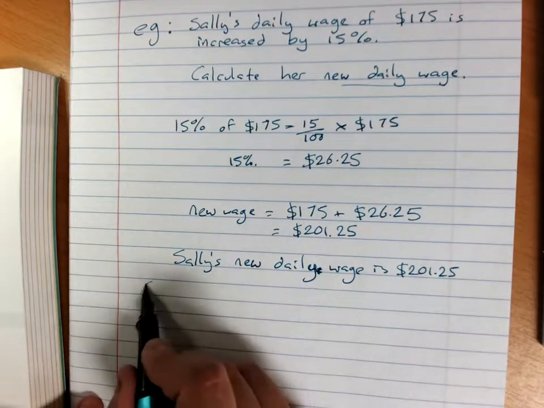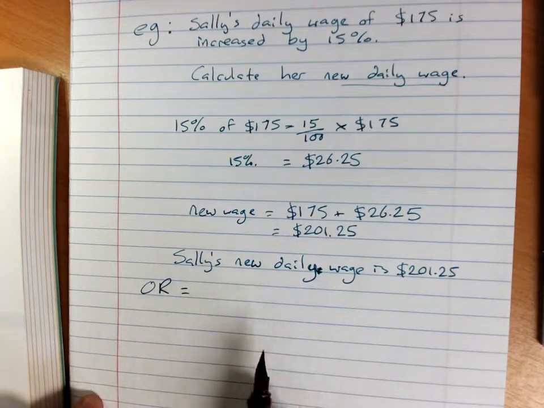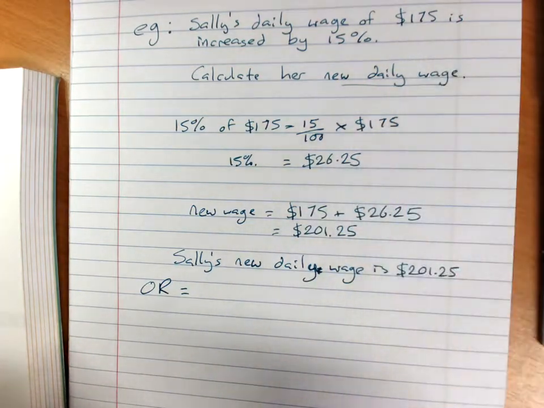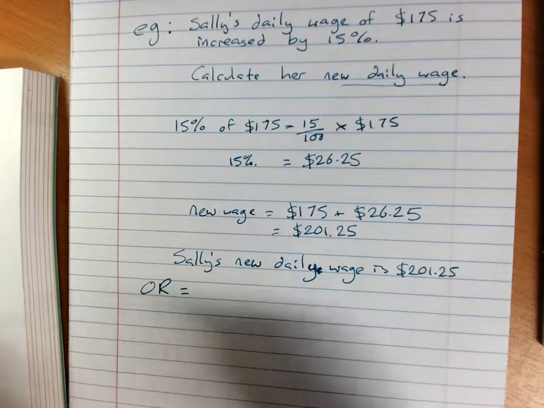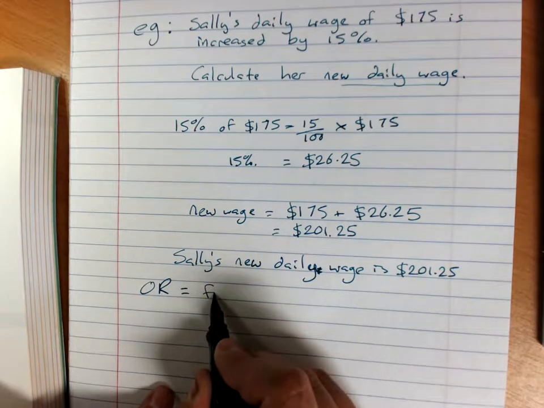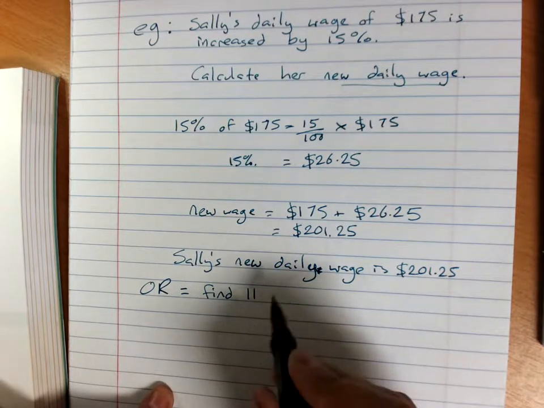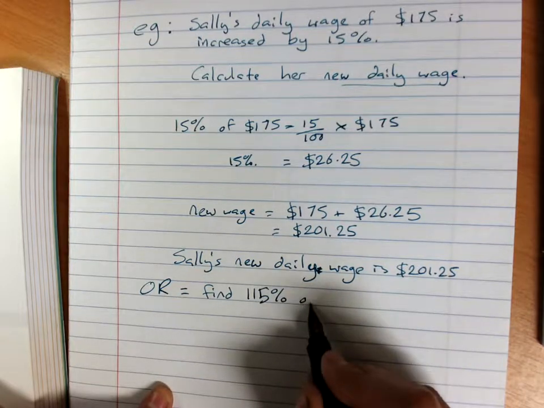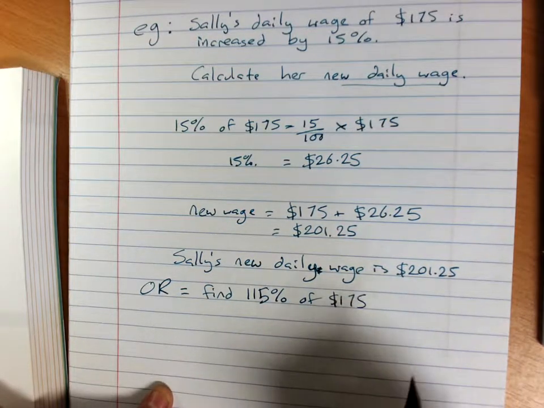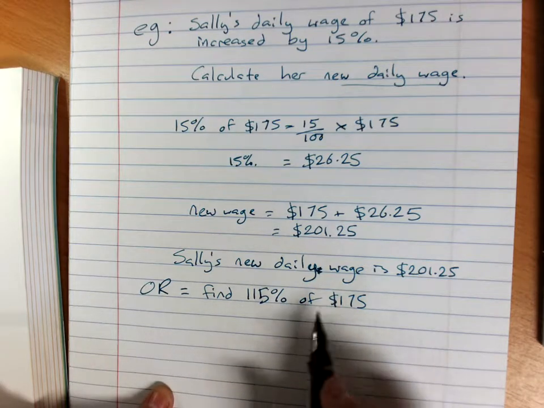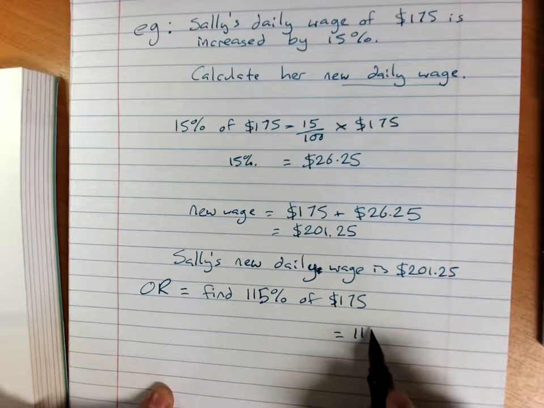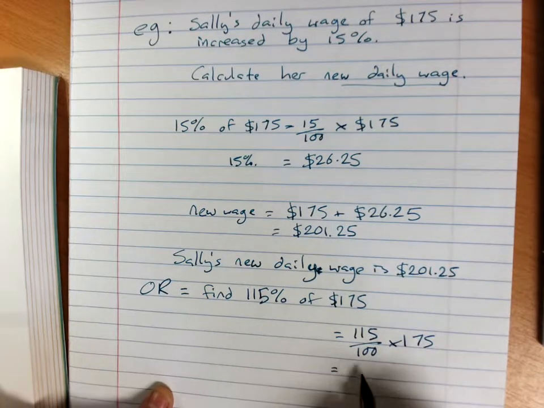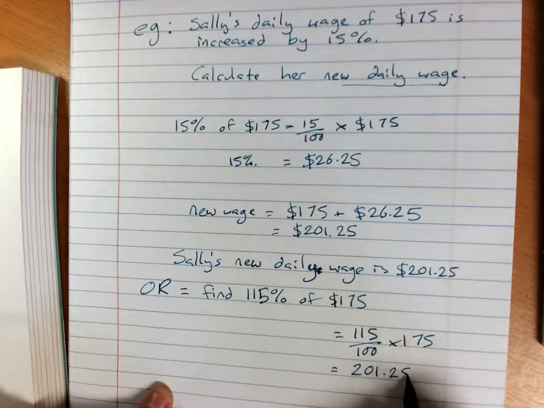Our other option: her original wage of 175 was 100%. We want to add on 15% to 100%, so we can find 115% of the original amount. 115% of 175: 115 divided by 100 times 175 is 201.25.